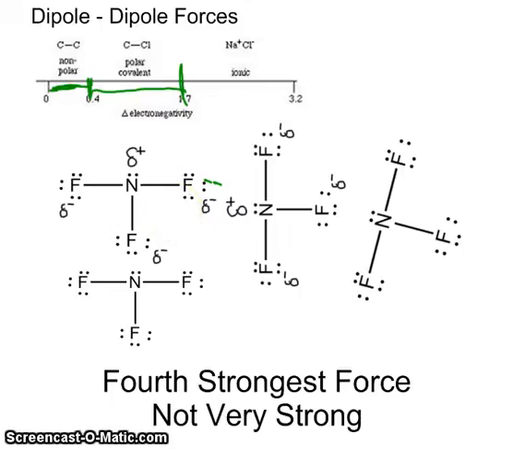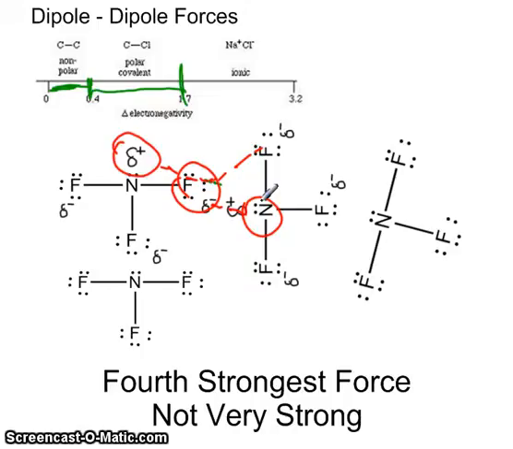That means the more polar it is, the more likely that this positive is going to be attracted to this negative, or that this negative is going to be attracted to this positive. So the more polar the molecule is, the stronger the intermolecular force is going to be for dipole-dipole forces.